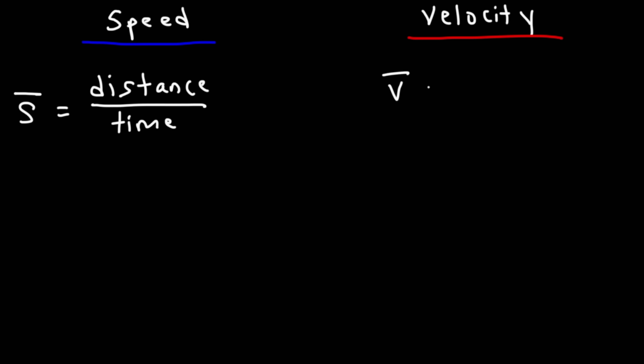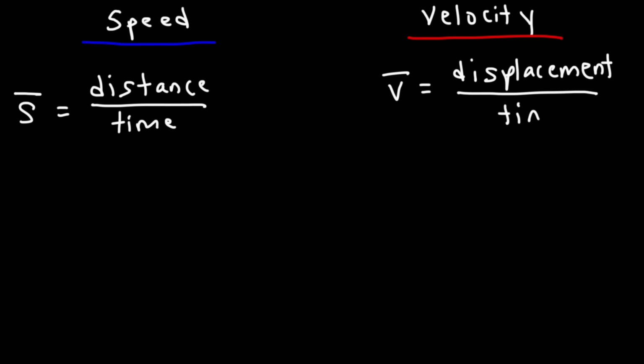Average velocity is equal to displacement over time. So therefore, speed is always positive. Velocity can be positive or negative, depending on the direction. So average velocity is basically the velocity calculated over a time interval.